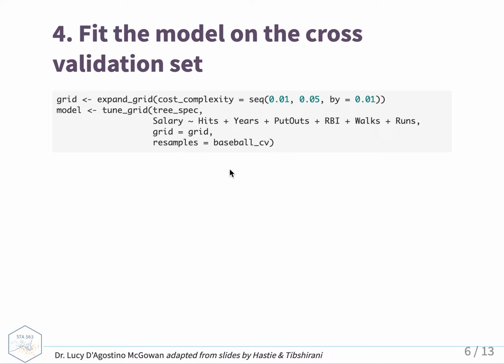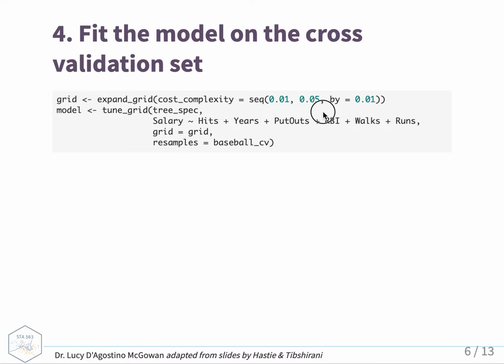Okay, so now I need to fit the model on the cross-validation set. So this should look pretty familiar as what we've been doing so far when we've been tuning parameters. So first I'm going to create a grid using the cost complexity variable. So basically that's the thing that I'm tuning on. Then I'm going to use the tune grid function and specify my model specification that I just wrote out.